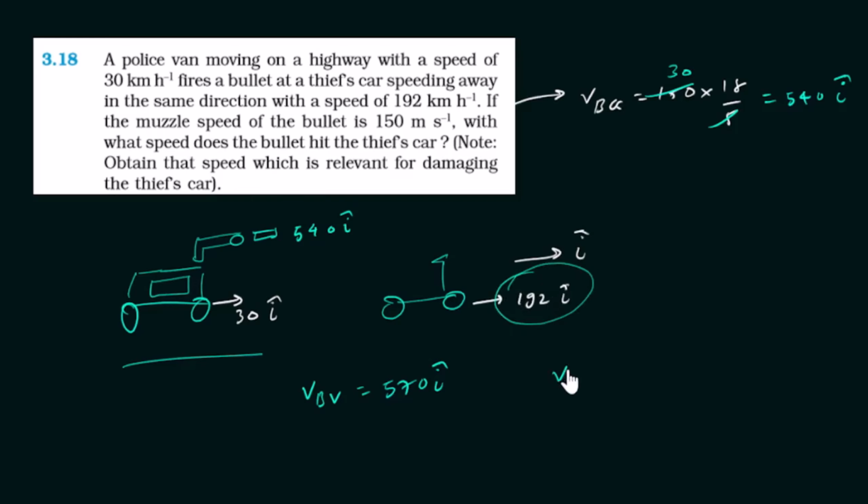So velocity of bullet with respect to the bike, or thief, VBT, I can write as 570 minus 192, which is 378 I cap kilometer per hour. So with 378 I cap kilometer per hour speed, the bullet will hit the thief.